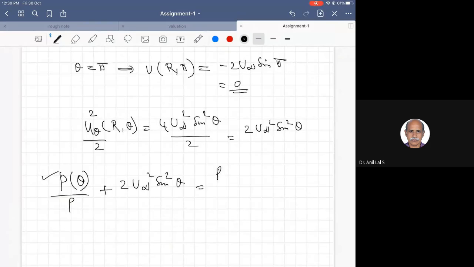So you can write P infinity by rho plus half U infinity squared, since the velocity there is U infinity. So we can write P minus P infinity by rho is equal to the difference of these terms.